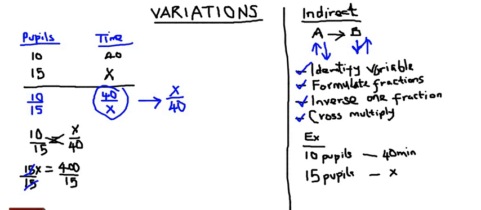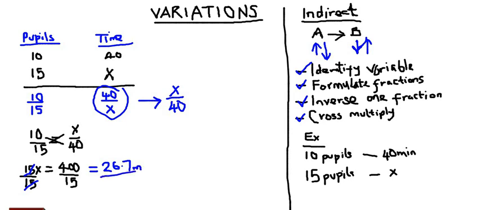So 400 divided by 15 should give us about 26 minutes. Okay, 26.7 minutes.